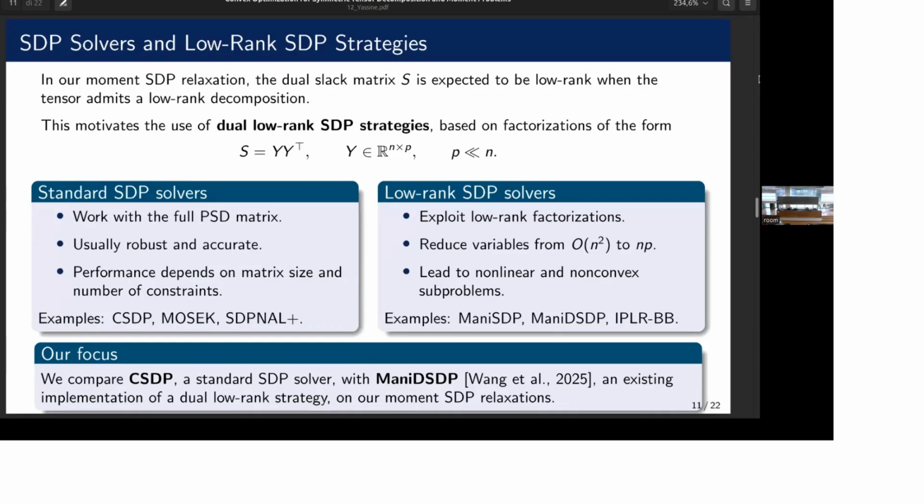Standard SDP solvers that work with the full SDP shape are usually robust and accurate, but their performance depends on the number of constraints. However, low-rank SDPs exploit this low-rank factorization, which leads to a reduction of the variables. Now, however, we will have a problem that is nonlinear and non-convex.